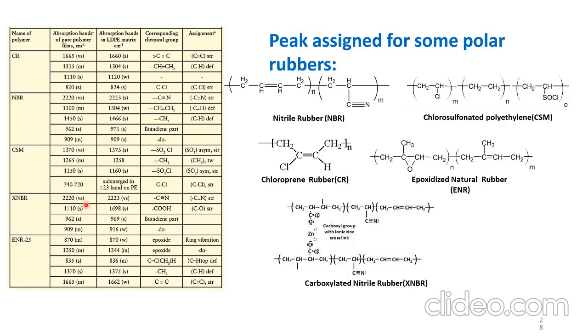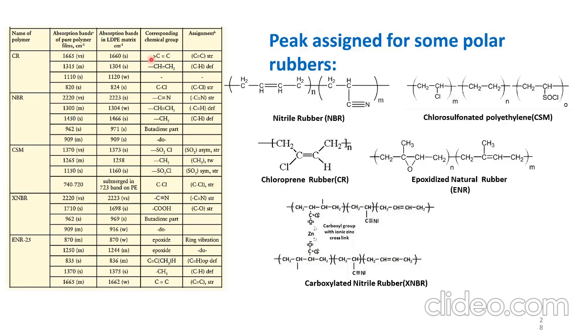If you do the FTIR of a particular element, you will get this kind of peaks. You do not need to remember all of this, but some very standard peaks can be remembered, because those will be repetitive in all.